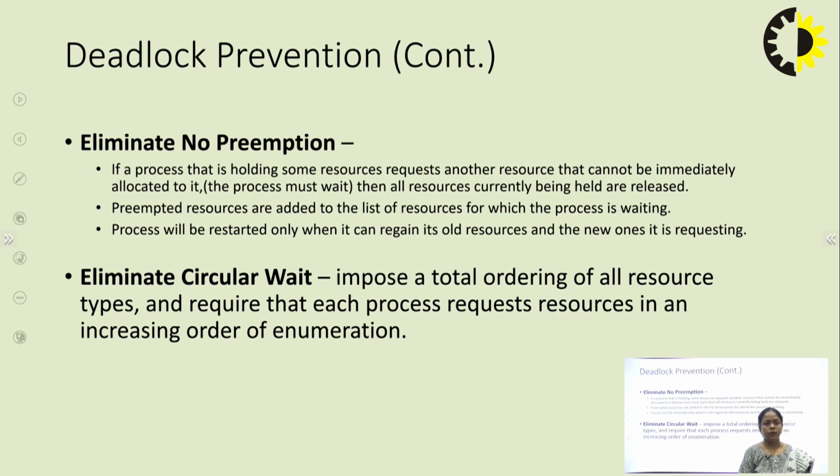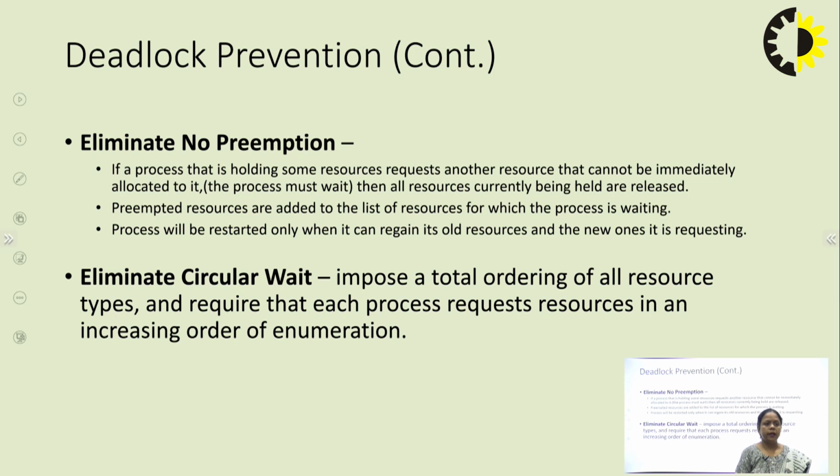Then all resources currently being held are released. Preempted resources are added to the list of resources for which the process is waiting. The process will restart only when it can regain its old resources and the new ones it is requesting.